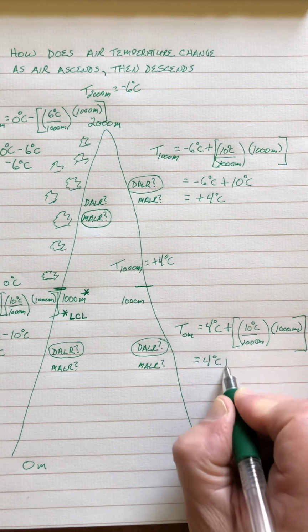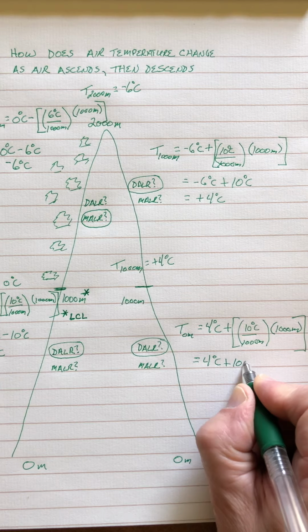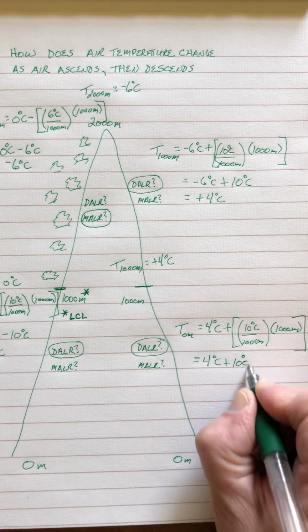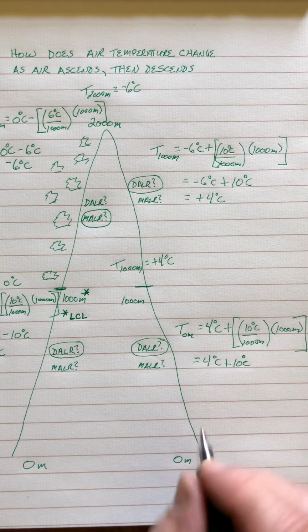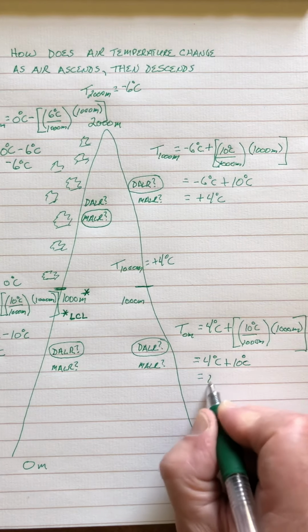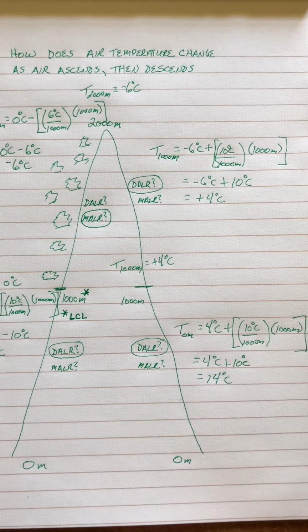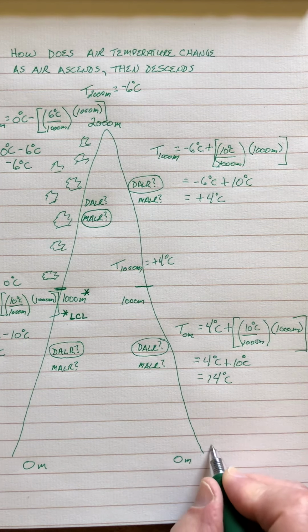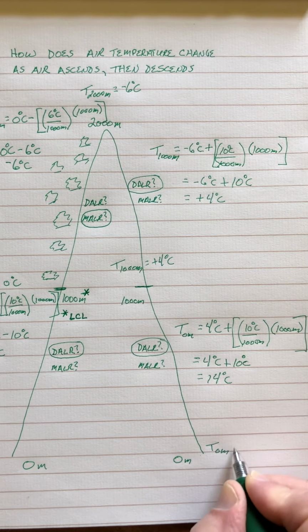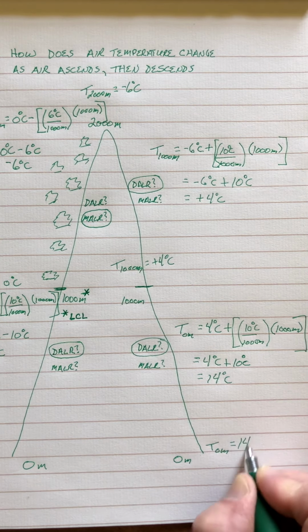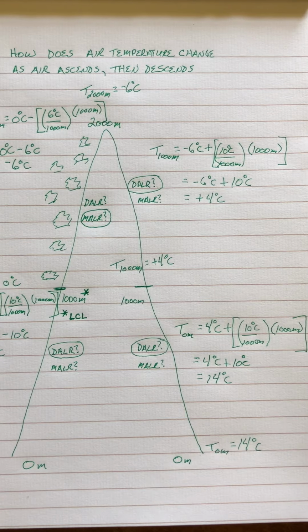We're changing by 1,000 meters, and so that will be an increase of 10 degrees C. And so our temperature at the base of the mountain will be 14 degrees C. Okay, so T at 0 meters on the leeward side is 14 degrees C.